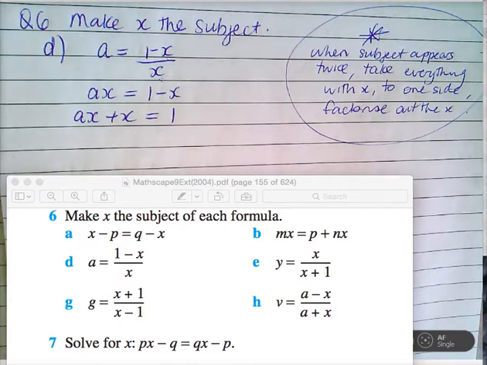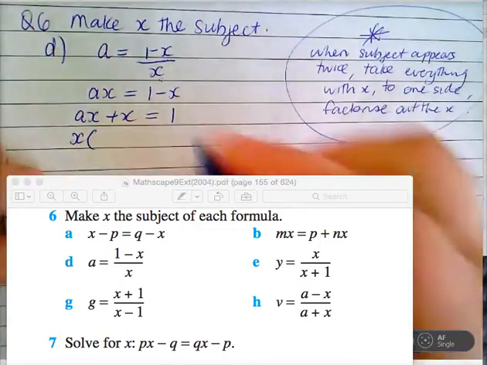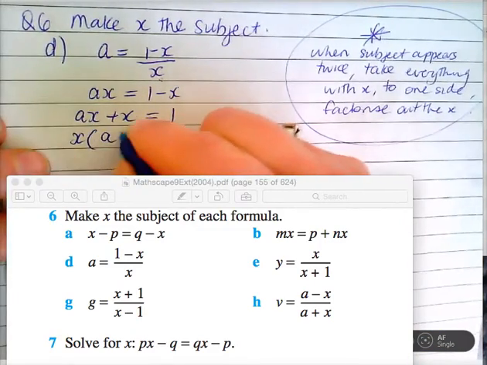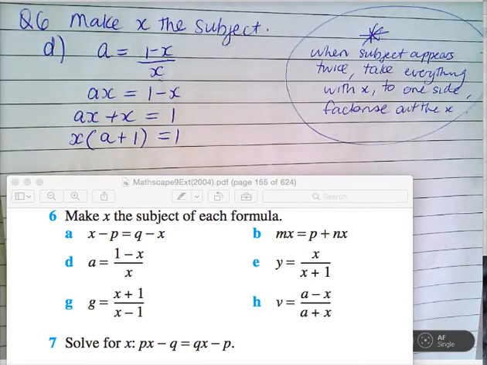Now, to make x only appear once, you factorize out the common factor x. x bracket a plus 1 equals 1, and now x only appears once. The only way to get x appearing once is to put everything with x on one side, anything without x on the other.